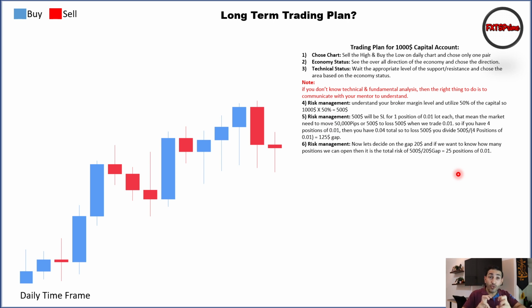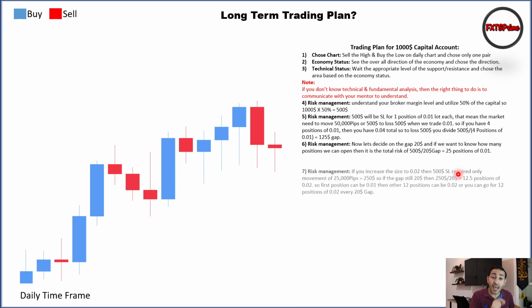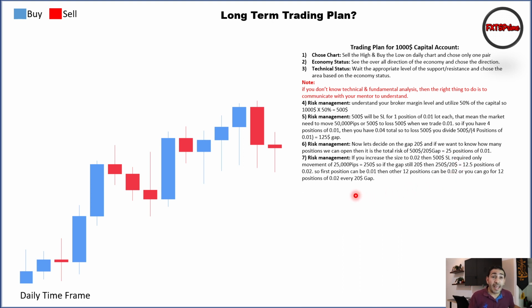So you see how you're going to create the sizing of your trading and how to create the plan for the sizing and the risk management. Now I can also trade with 0.02 lots, but this time the gap will be smaller, because if I want to lose $500, I am going to divide that by 2, because it's no more 0.01, it's now 0.02, and that is considered double the risk.